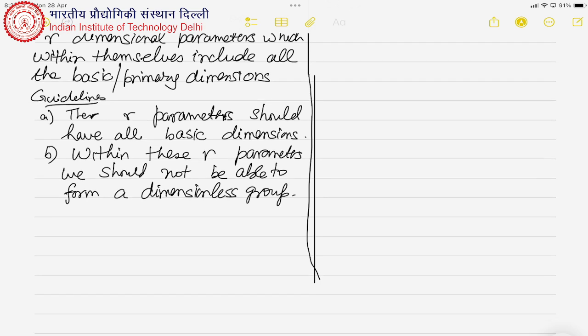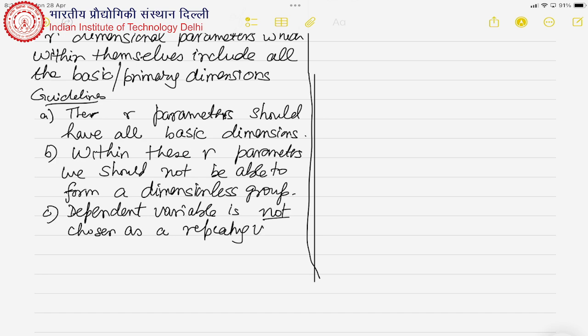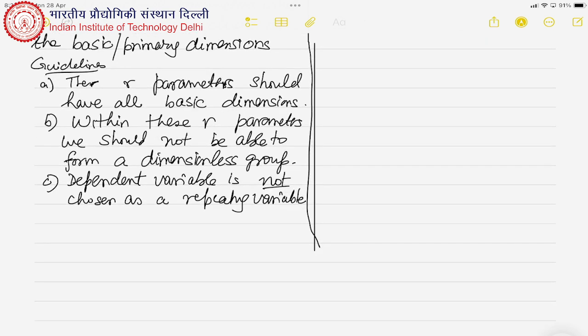And the third guideline is, generally we avoid choosing the dependent variable as one of these R parameters.